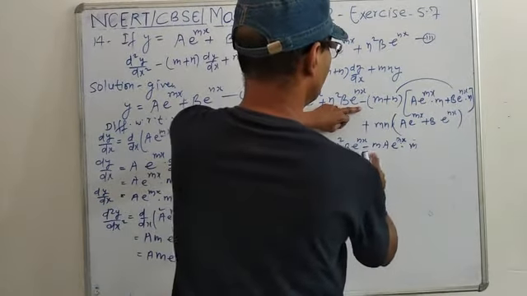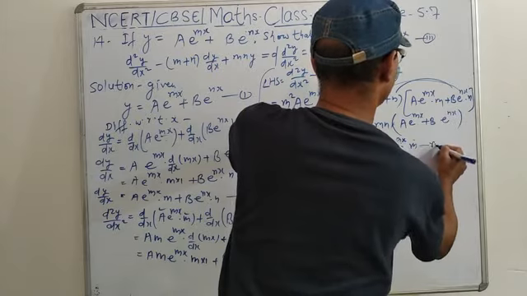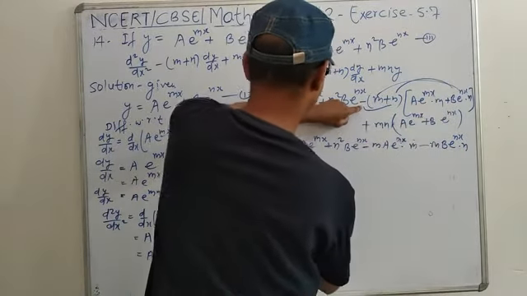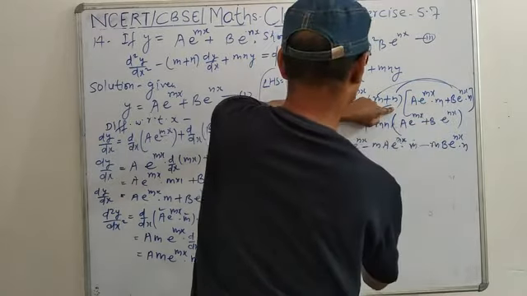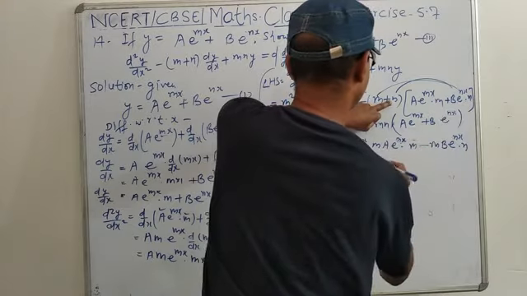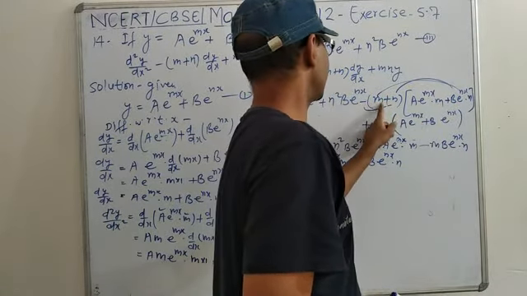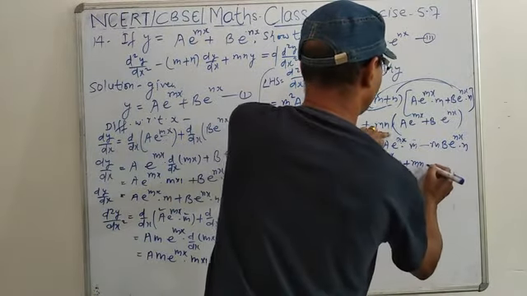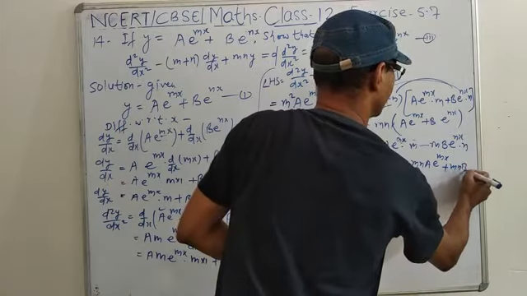Minus m into a e power mx into m, again minus m into b e power nx into n, again minus n into a e power mx into m, and again minus n into b e to the power nx into n. Let's see here: we have to multiply this m in both terms, minus m and minus plus multiplied minus n. Minus m is multiplied in both, then minus n is multiplied in both of these, and the last one is mn a e power mx plus mn b e power nx.